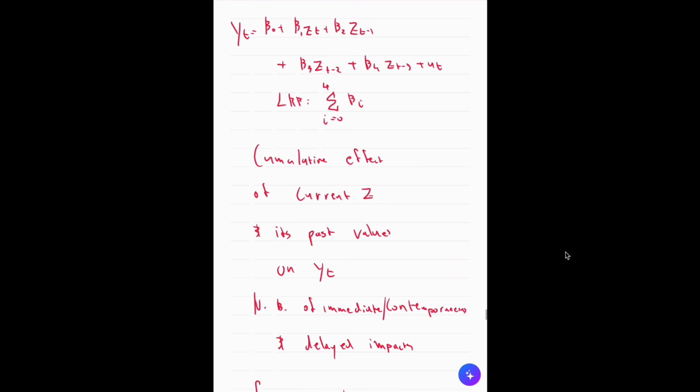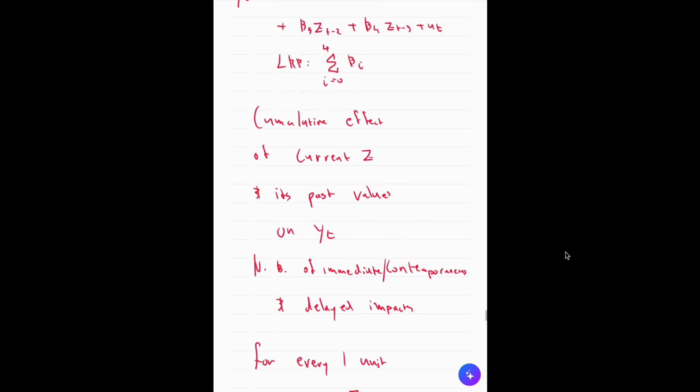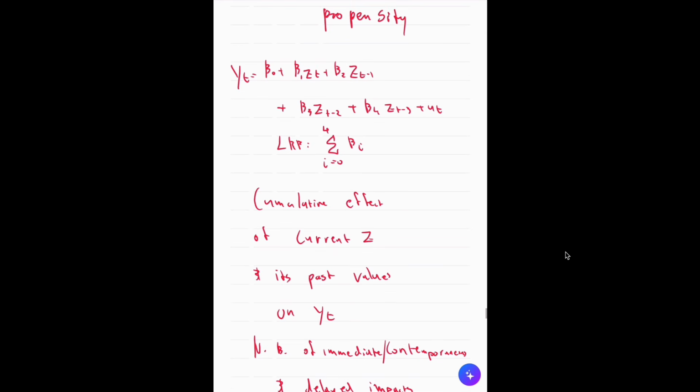How do you interpret it? It is the cumulative effect of the current explanatory variable and its past values on the dependent variable in the current year. So this shows us the importance of the immediate or contemporaneous impact. So beta 1 would be the contemporaneous or immediate impact, the impact that the explanatory variable has in the current year that we're looking at the dependent variable for.